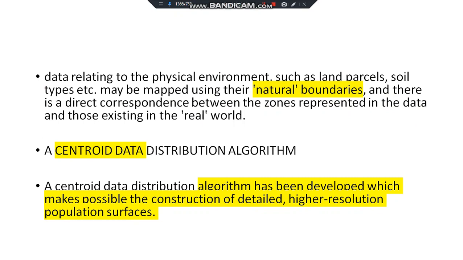If we depict the population data through the dot and sphere method, or choropleth, or isopleth, then the real representation of reality is not properly sourced through the mapping techniques, because the data sets are centered in a particular place, not uniformly distributed. That's called centroid data.